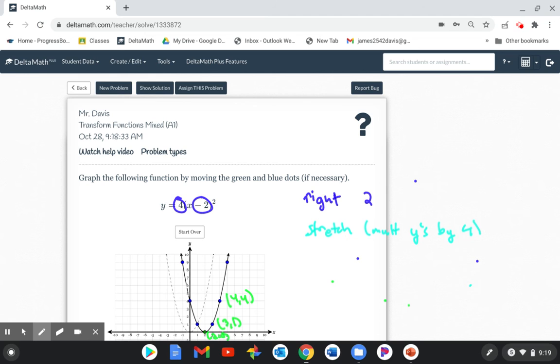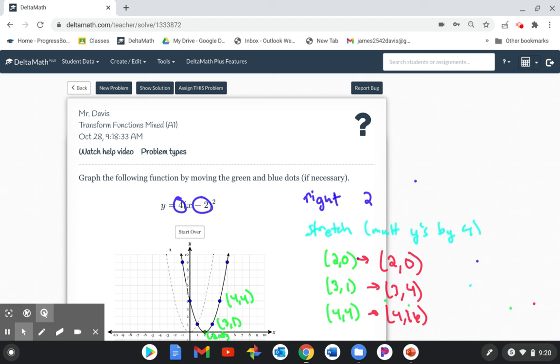So let's do those 3 coordinates. 2 comma 0, 3 comma 1, and 4 comma 4. And each of these we're going to multiply the y's by 4. So this goes to 2 comma 4 times 0, which is actually still 0. The next one is 3 comma 1 times 4, which is 4. And the last one, 4 comma 4 times 4, which is 16.